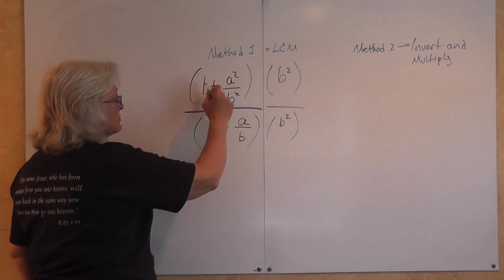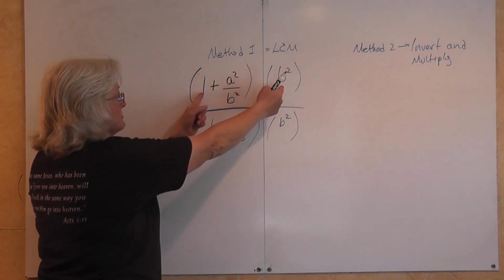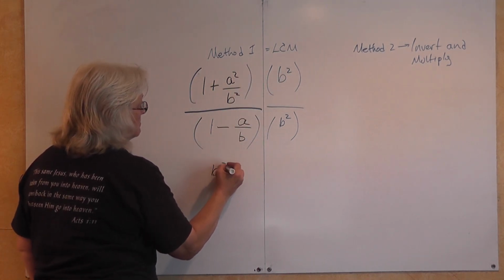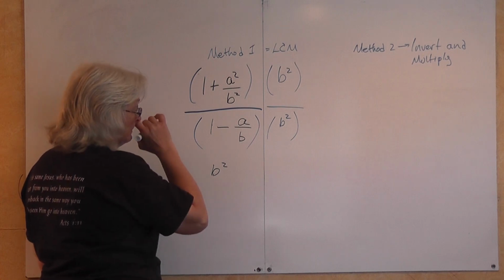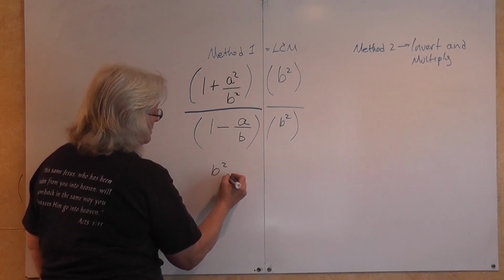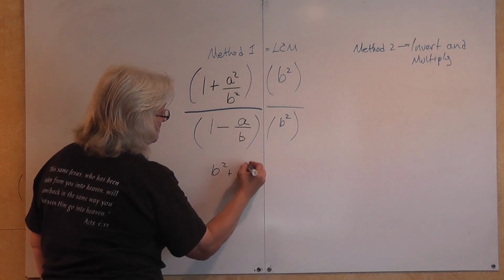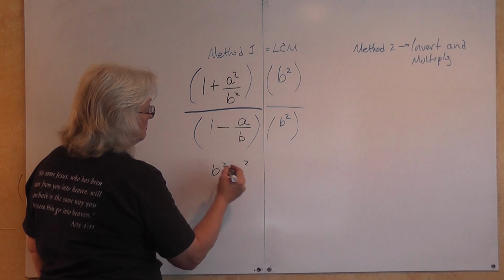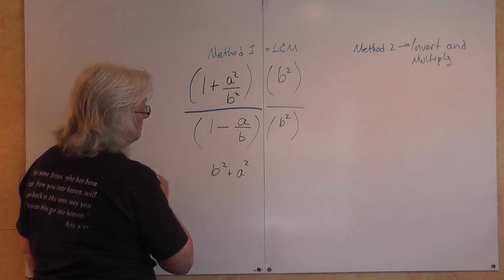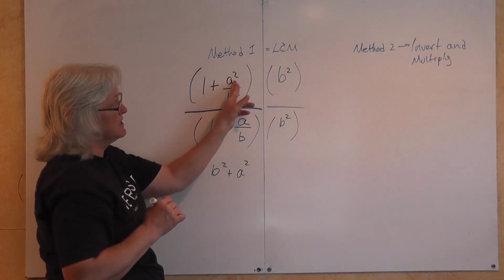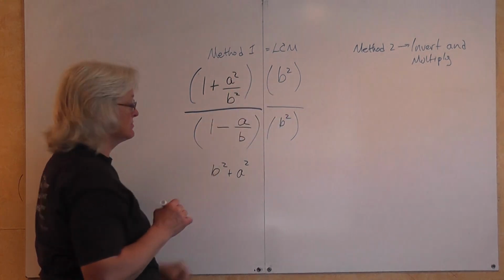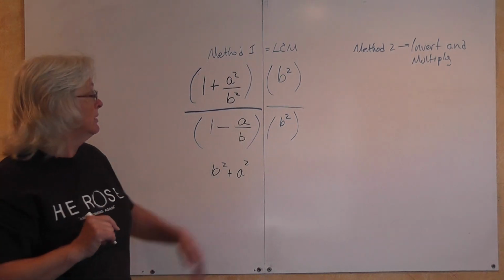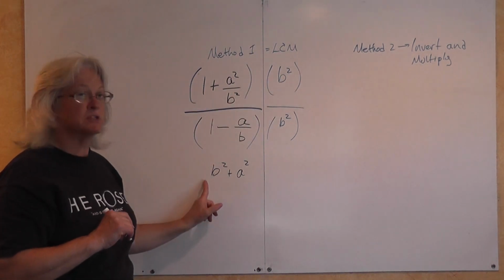We have b squared times 1, or 1 times b squared. And we have b squared plus a squared, b squared times a squared. B squareds cancel here, don't they? So we have b squared plus a squared. B squared times 1 is b squared.